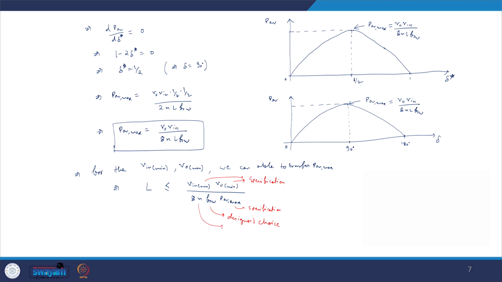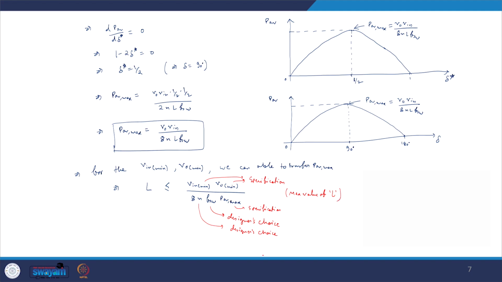Similarly, the number of turns is also a designer's choice, depending upon various circuit parameters like different RMS currents at the transformer and at the switches on both sides of the full bridges. The designer can choose the best possible number of turns, and that will give you nothing but the maximum value of L. So, this is the maximum value of L you will get.